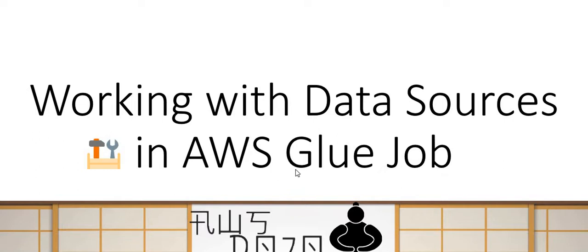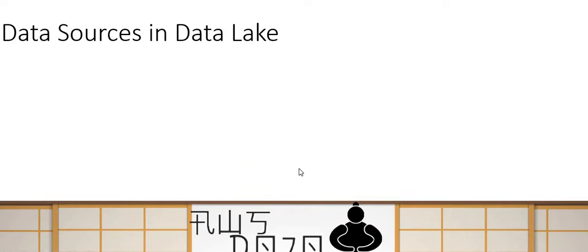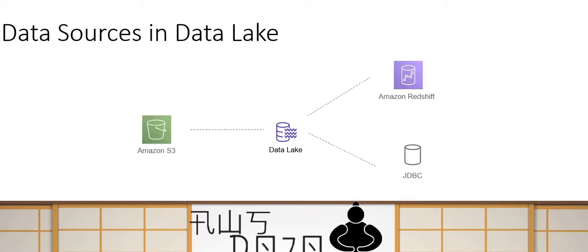So let's get started. When you are building a data lake, there could be various data sources attached to your data lake. Your data could be in an S3 bucket. Your data could be in Amazon Redshift if you have warehouse kind of data. Or if you have relational data, it could be in some kind of relational database, some kind of JDBC data source. All these data sources are registered with your data lake.